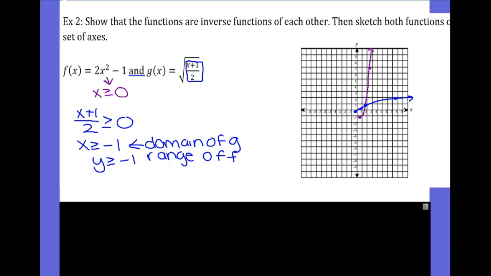So if you look right here and you draw a line through y equals x, these graphs are symmetric.